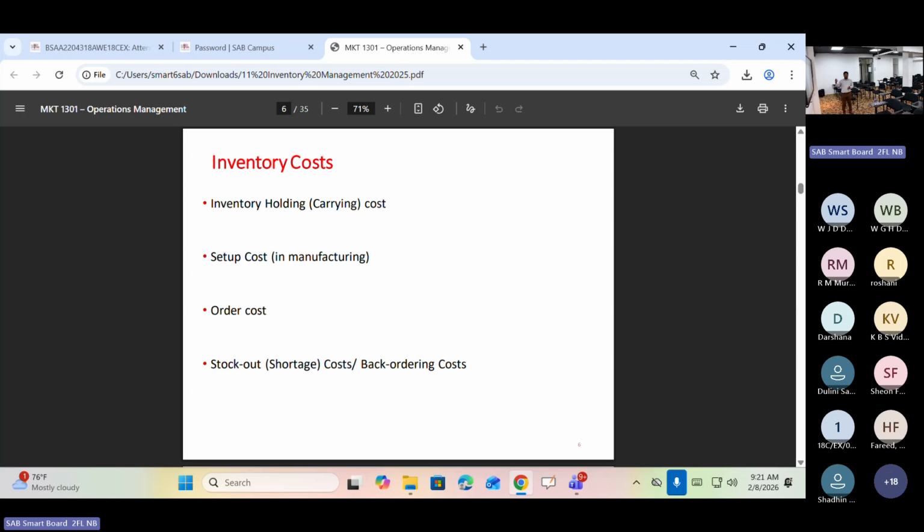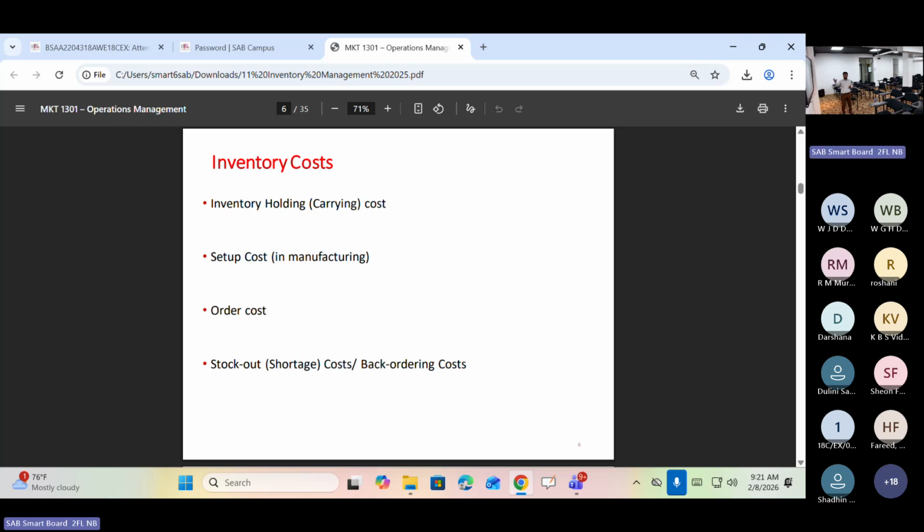Coming to manufacturing activities, instead of ordering cost, what is applicable there is what we call setup cost. When you change the production process from one product to another, they will have to rearrange and set up the production process. That involves some amount of cost.